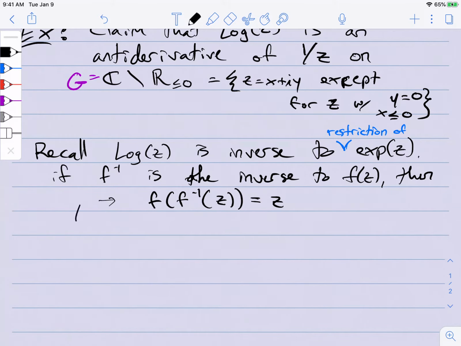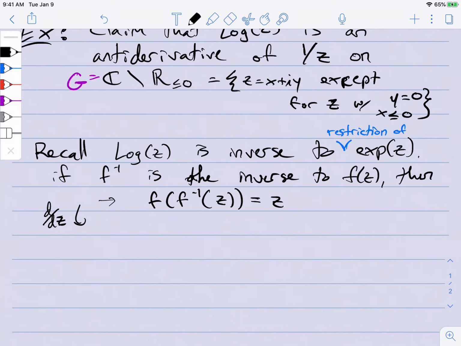And so we can take the derivative, if both functions are differentiable, we can take the derivative of this equation, and the left side we can figure out using the chain rule.